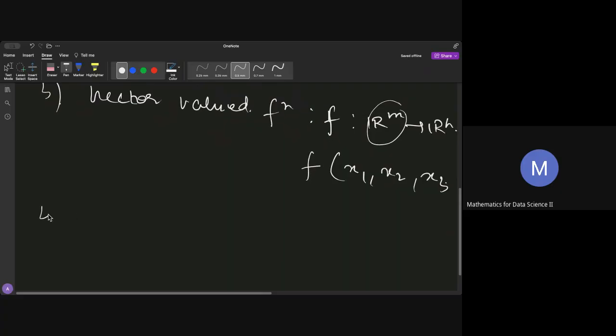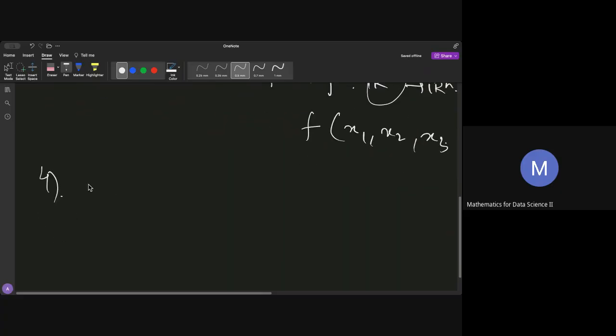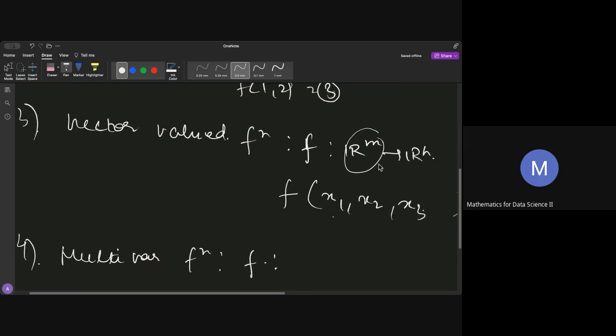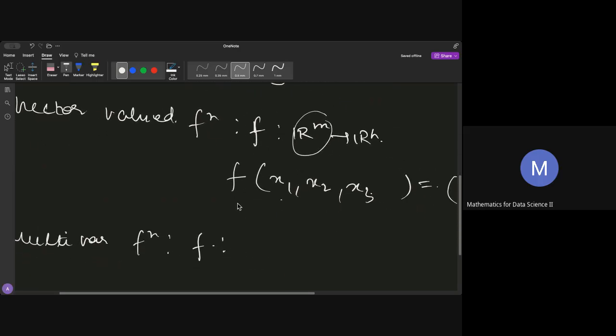And the fourth, then we have multivariable function, where multivariable means it involves more than one variable. That's the meaning. So let's have one more example.